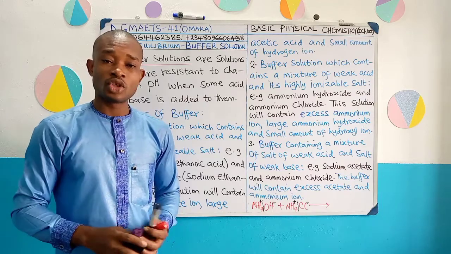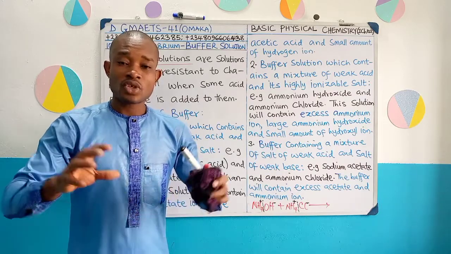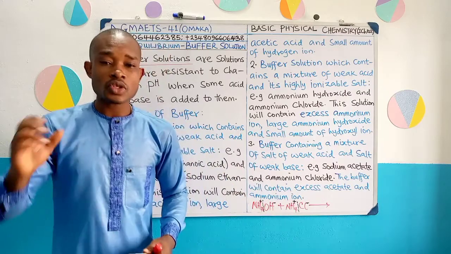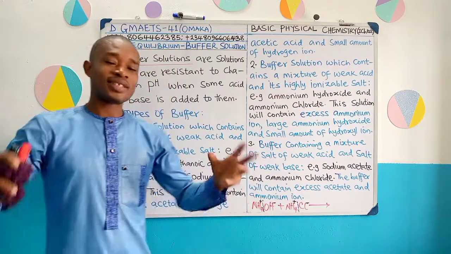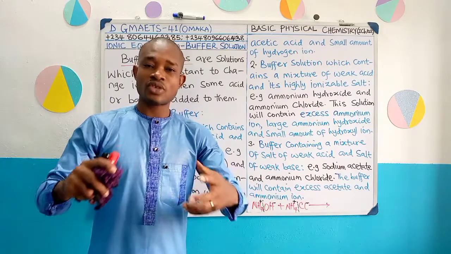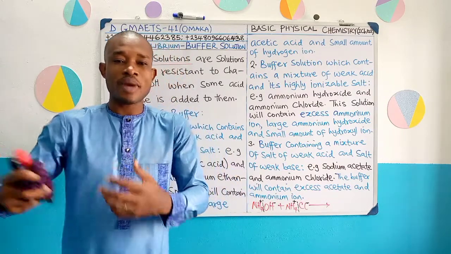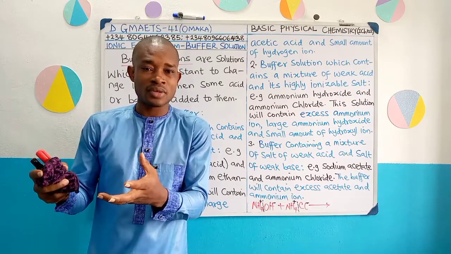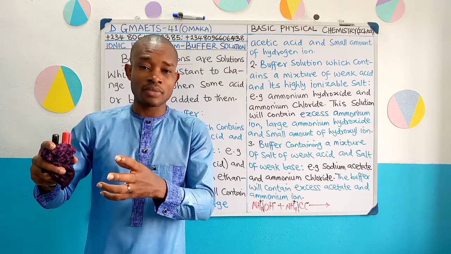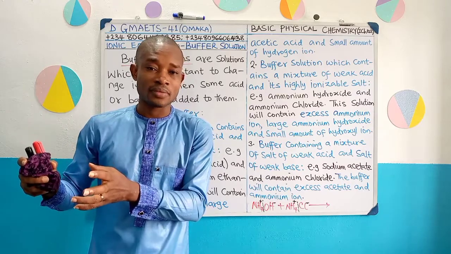Let us now move on to type 3. A buffer solution that is formed from salt of weak acid and salt of weak base. A good example is a buffer solution that contains something like sodium acetate, or sodium ethanoate, which is a salt formed from ethanoic acid, a weak acid.